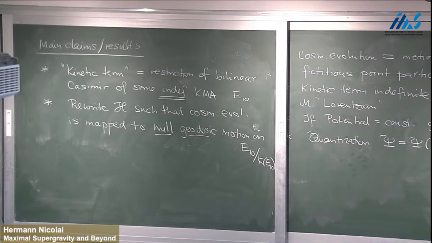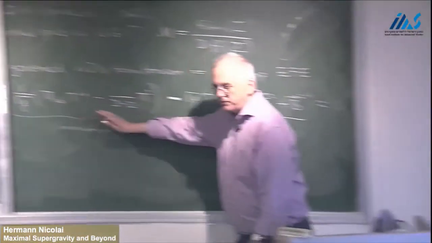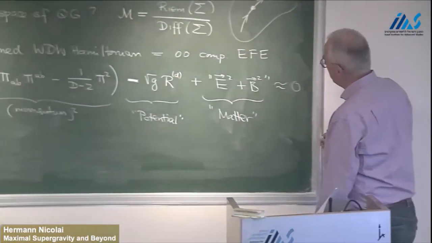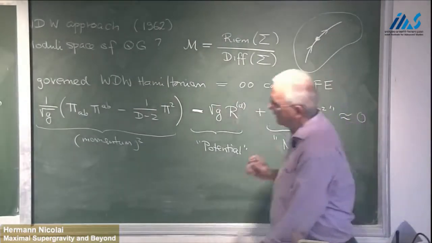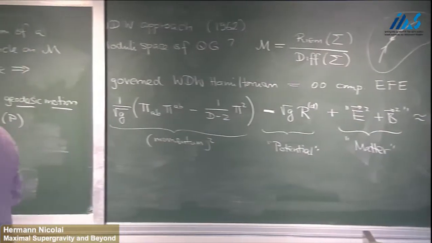And the whole BKL program was somehow to do an expansion, systematic in terms of time derivatives and then spatial gradients being smaller and smaller. In our case, we want to sort of reinterpret this whole thing, in fact, the full supergravity Hamiltonian in this group theoretical way.